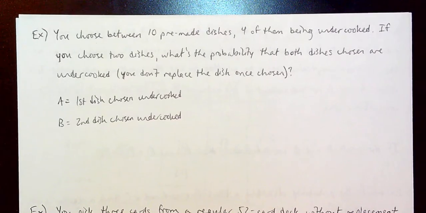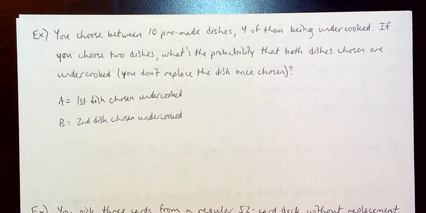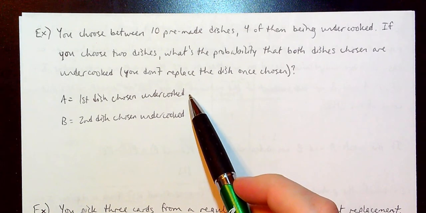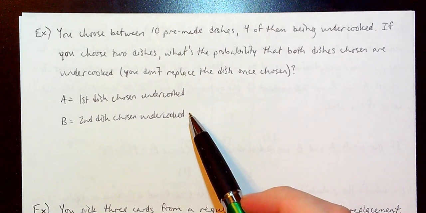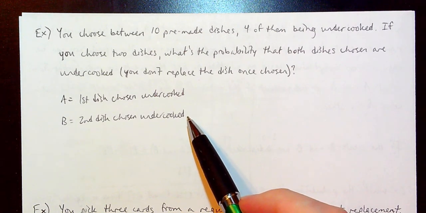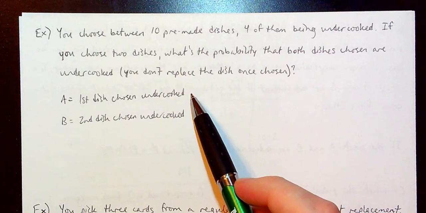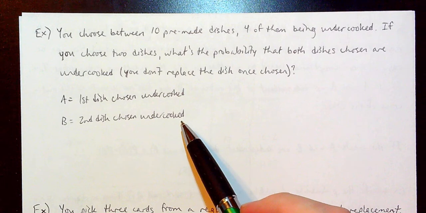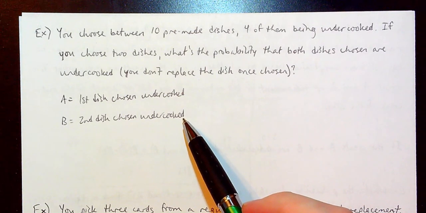This is a case where the events A and B are dependent. The outcome of A will have an impact on the outcome of B. Or to be more clear, the outcome of A will have an impact on the probability of B happening.